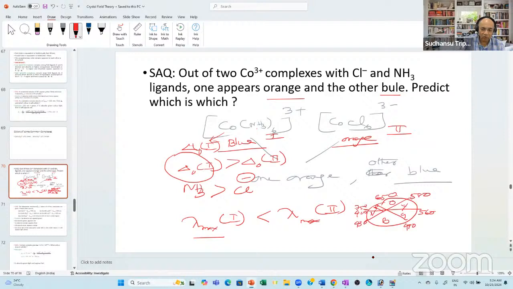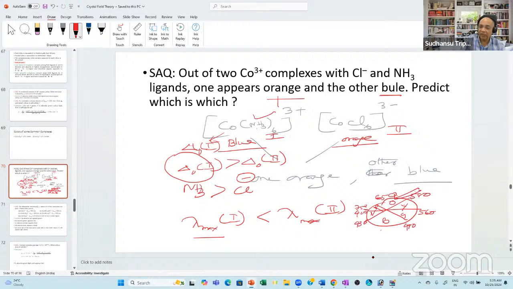The complementary color will have greater wavelength. Since orange is from the YOR region and blue is in the VBG region, this will be absorbing in the blue region, and it will appear orange.